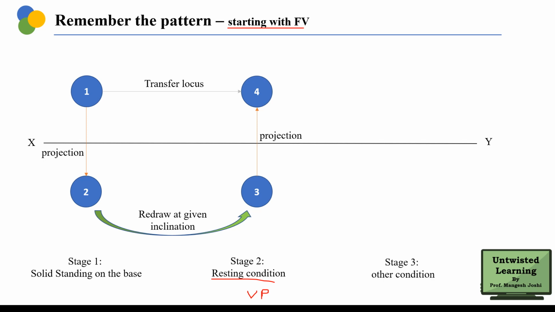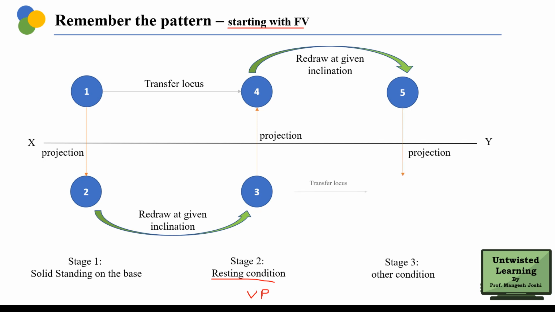The third stage is the other condition, that is the inclination condition. Redraw the fourth diagram at the given inclination to get the fifth diagram. And finally, to get the sixth diagram, project the fifth diagram and transfer the locuses of all the points of the third diagram.